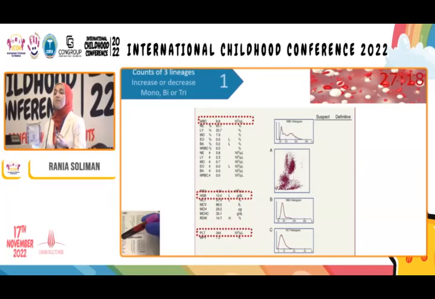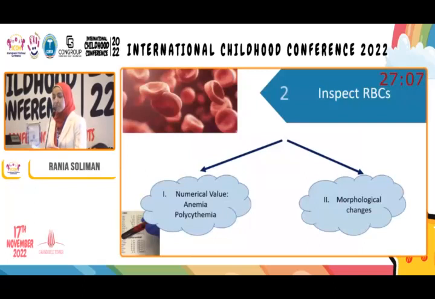And what is important, you need to know whether there is a mono abnormality or an abnormality in bilineages or in trilineages. Number two, you need to look at the RBC indices.